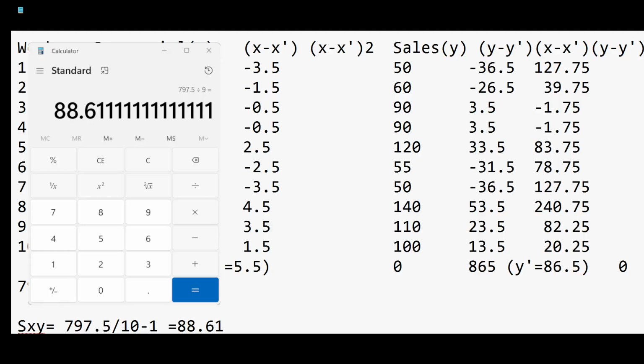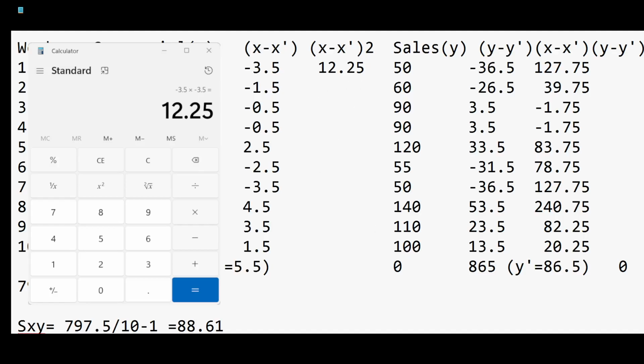The value would be negative 3.5 times negative 3.5 equals 12.25.